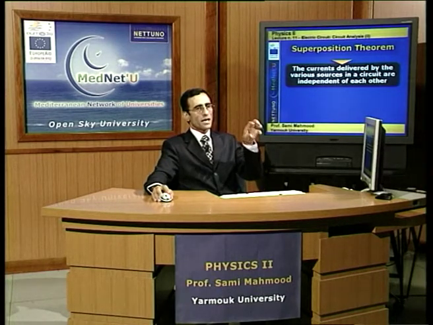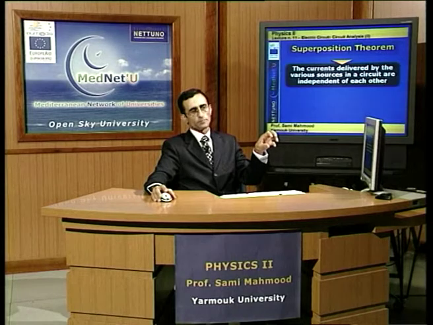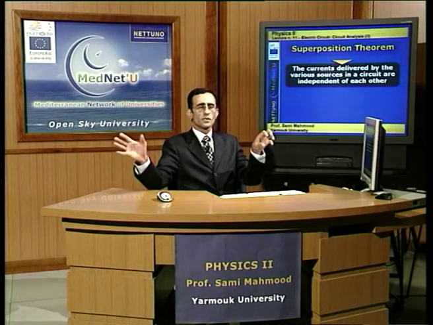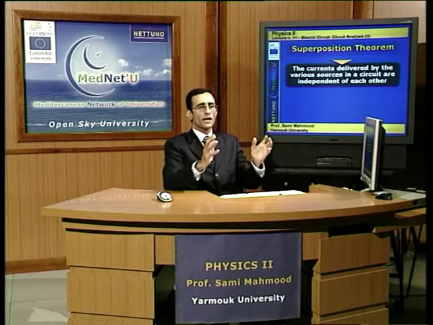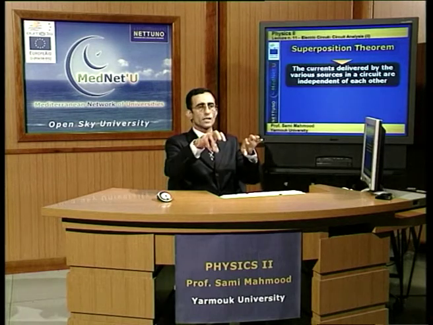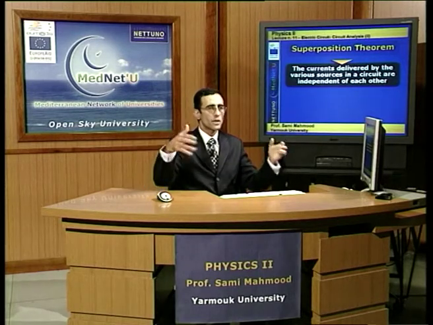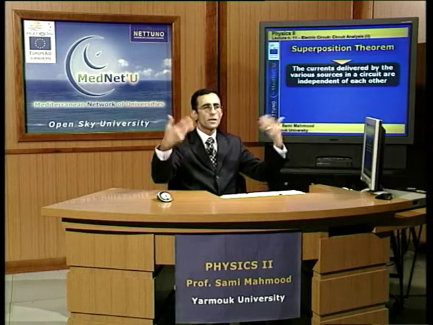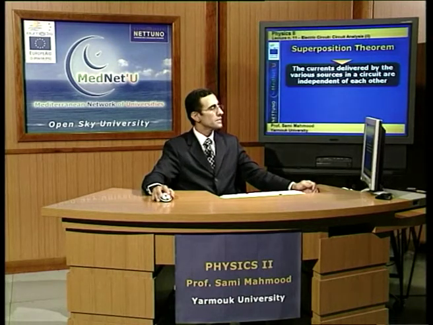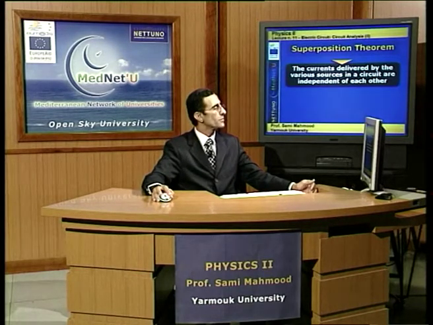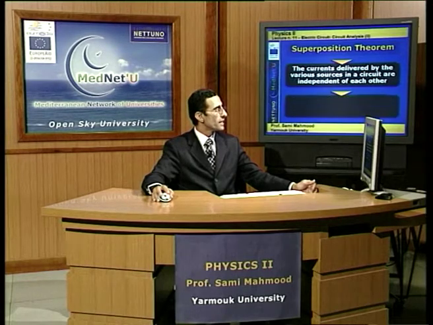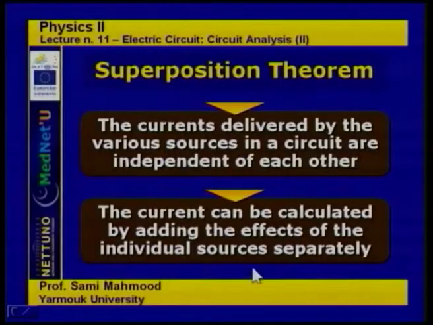So we can always determine the current provided by one source, setting all other sources to 0, and then move to the second source, setting all other sources to 0, and so on. And then we can add up these currents, and this is simply the superposition principle or the superposition theorem. So the currents can be calculated by adding the effects of the individual sources separately.